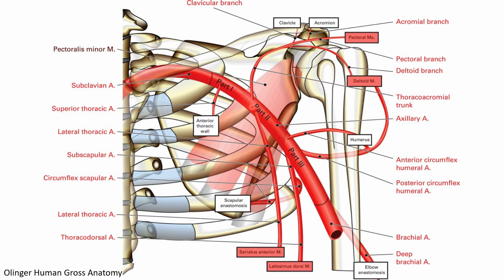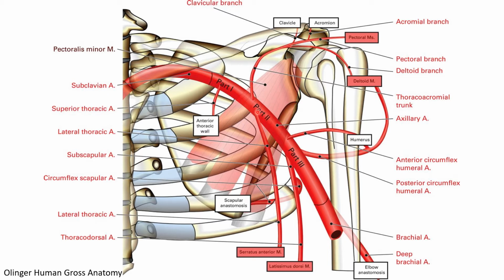Okay, the next branch is the thoracoacromial trunk with its branches, clavicular branch, acromial branch, pectoral branch, and deltoid branch. So these are going to go to their named destination.